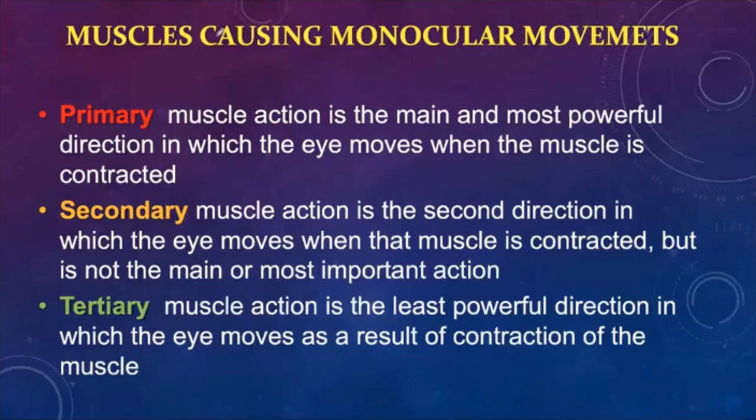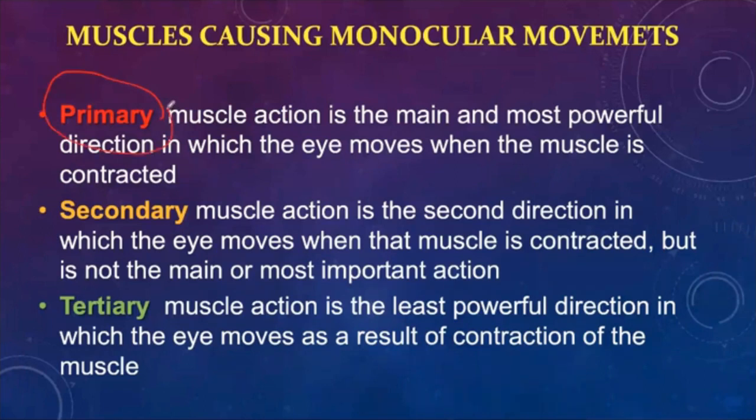So before we talk about which muscles do which movement, let's know what the kinds of muscle movements are. We have 3 muscle movements: primary movement, secondary movement, and finally the tertiary movements. So what is the difference between these movements? The primary movement is the main action of the muscle.